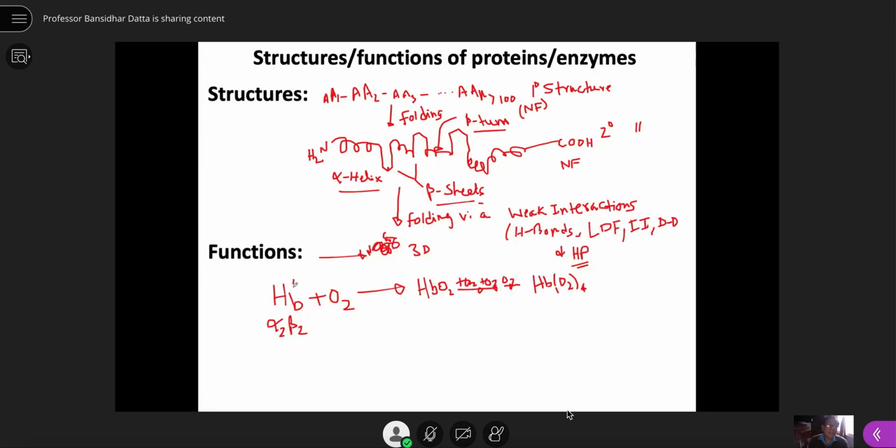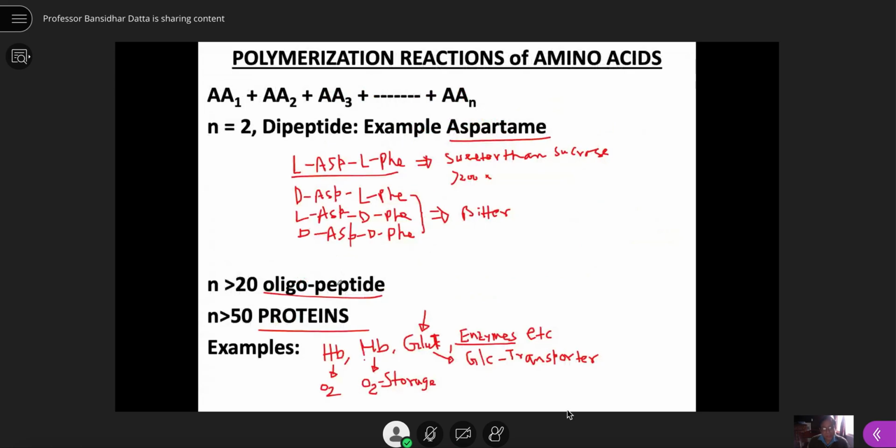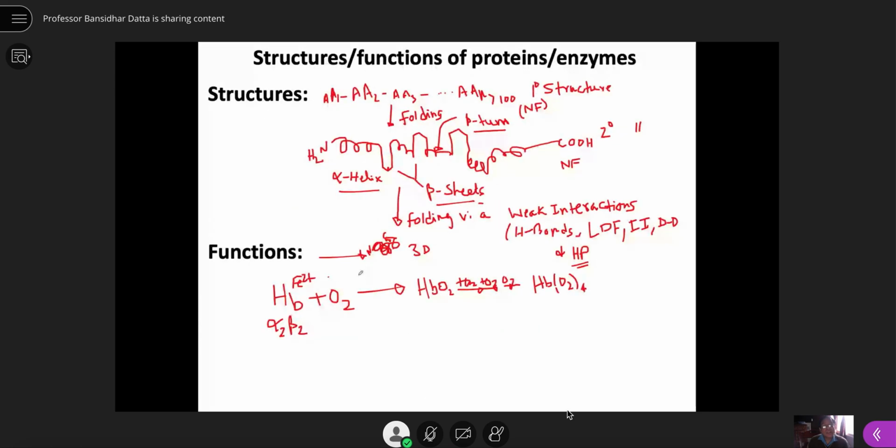Inside this there is an iron, it is iron 2 plus, and that binds to oxygen. As it binds to oxygen, it is converted to Fe3 plus. Please remember, because I ask this question very routinely. First thing first, what's the function of hemoglobin? It's the oxygen carrier. It binds to oxygen and transports it to all the cells.